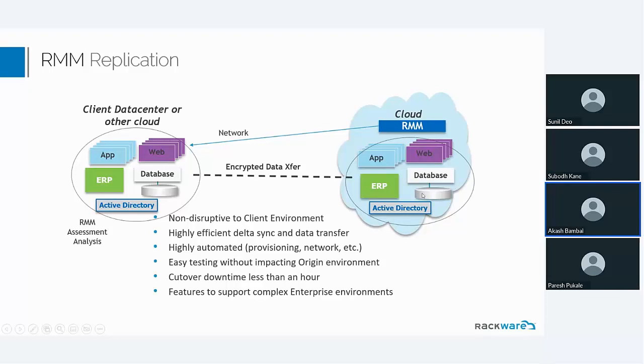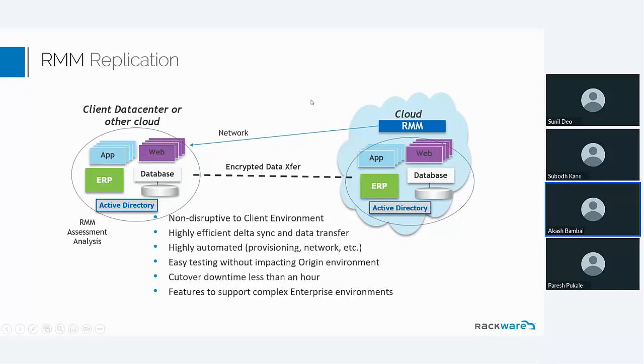At the end of this, RMM will make sure that the target has got the right set of drivers as well as boot configurations so that it can boot up fine on the target hardware, and finally reboot the target into the operating system. At this point in time, your target has been successfully replicated and you can now log into your target machine to perform any validations that you may want to do.